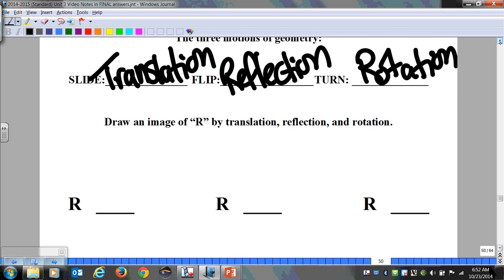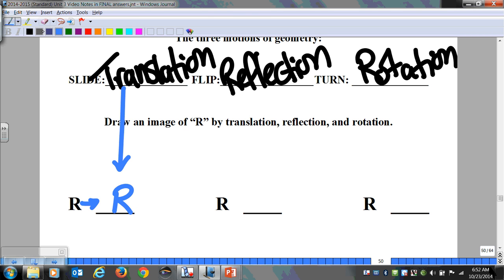Now, I'd like you to take this R and just write a translation of the R, reflection of the R, and a rotation of the R. It'll take you about 30 seconds. Okay, translation just means you slide, so the R should look exactly the same.